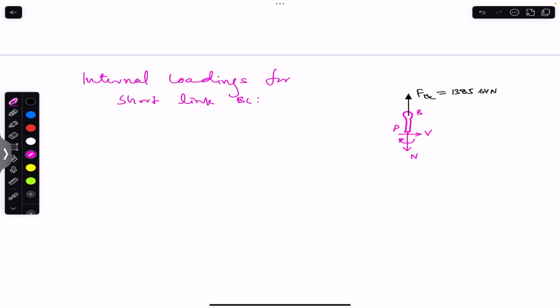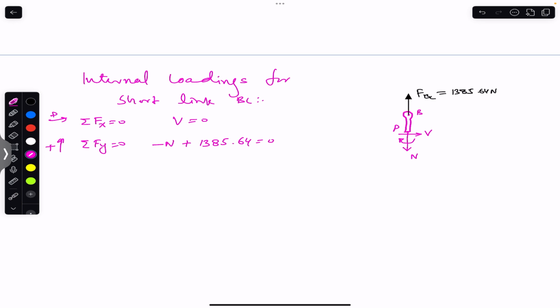Now if we apply the sum of the forces in the X, that must be equals to 0. So we have only this shear force in the X. So this means that the shear force is equal to 0. The sum of the forces in the Y must be equals to 0. Upward direction is considered to be positive. Now we have this N in the negative Y. So we'll write minus N. And we have this FBC in the positive Y. So we'll write plus FBC, which is 1385.64.